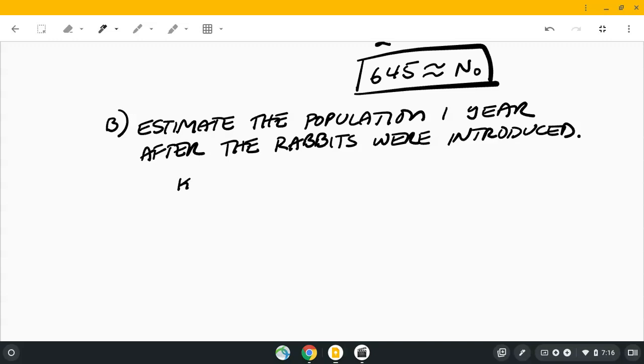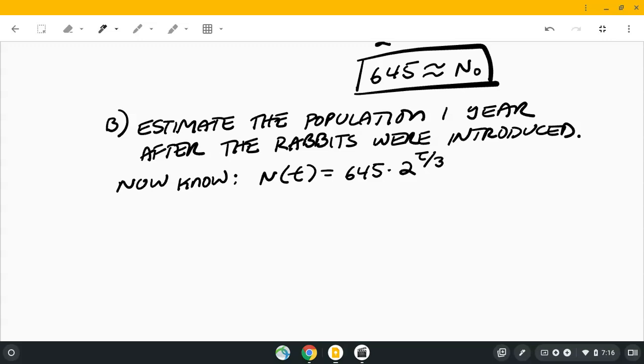We now know that our function is going to be N naught, which is 645, times 2 to the t over 3.